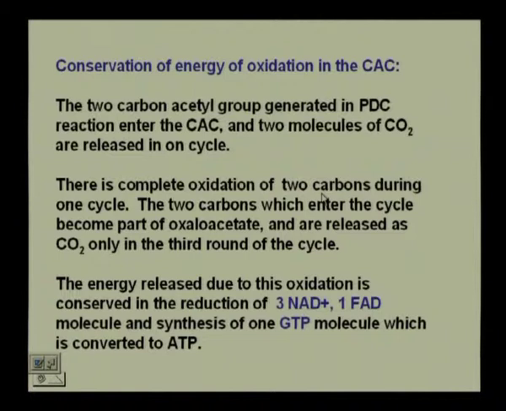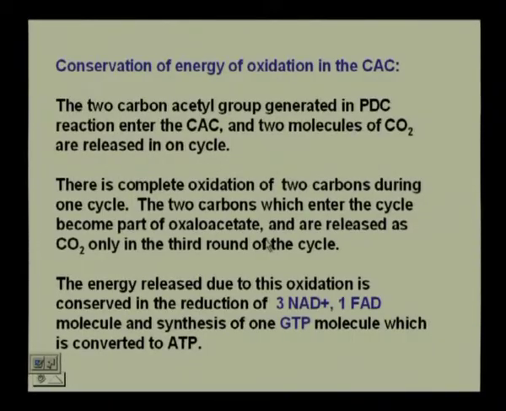The 2 carbon atoms which enter the cycle become part of the oxaloacetate for the next cycle. The 2 carbon atoms have entered at the top, and the CO2s are lost from the middle, from what was existing in the oxaloacetate. Remember I showed you where the CO2s are coming off. Those CO2s are not part of the acetyl CoA.